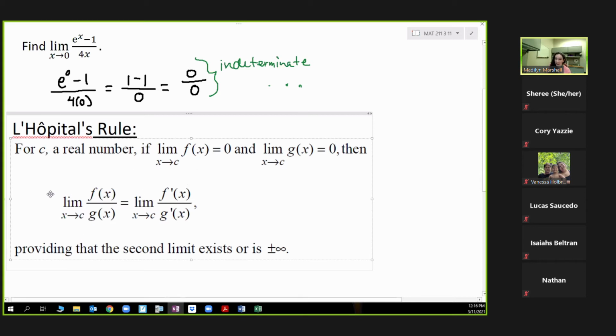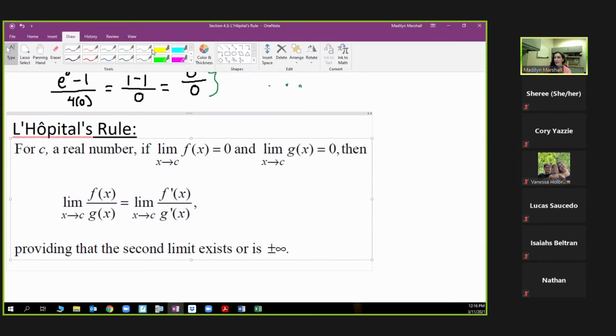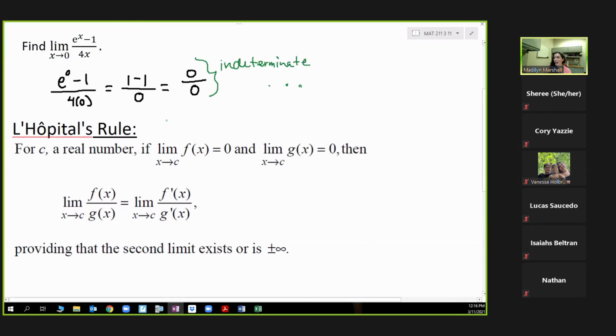Then the limit of that whole thing is actually equal to the limit of the same thing, except we're doing the derivative of the top and bottom. So all this is saying is that if we end up with 0 over 0, take the derivative of the top, take the derivative of the bottom, and try it again and see what we get.